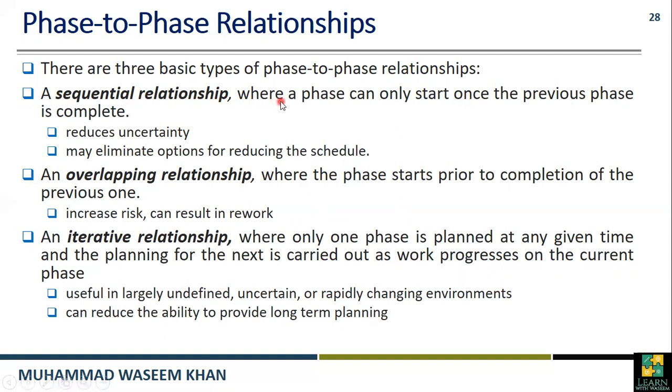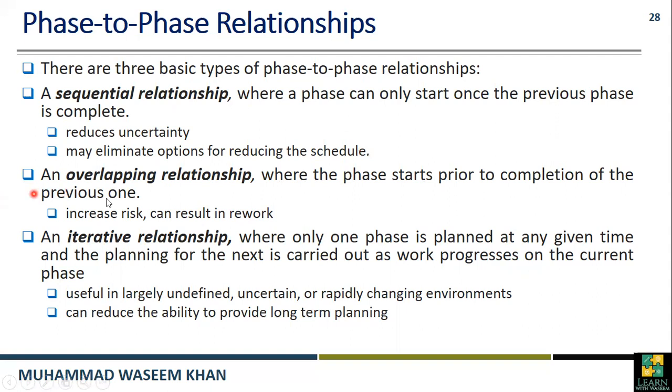A sequential relationship is one where a phase can only start once the previous phase is complete, and the objective of this relationship is to reduce the uncertainty and to eliminate options for reducing the schedules. These may be the basic outcomes or results of the sequential relationship.